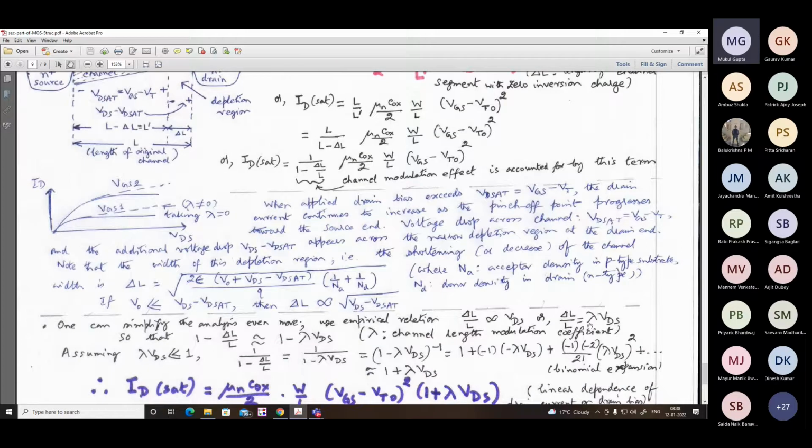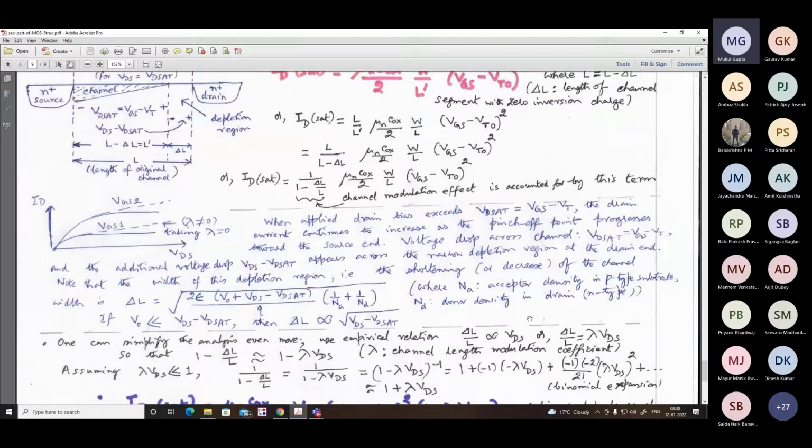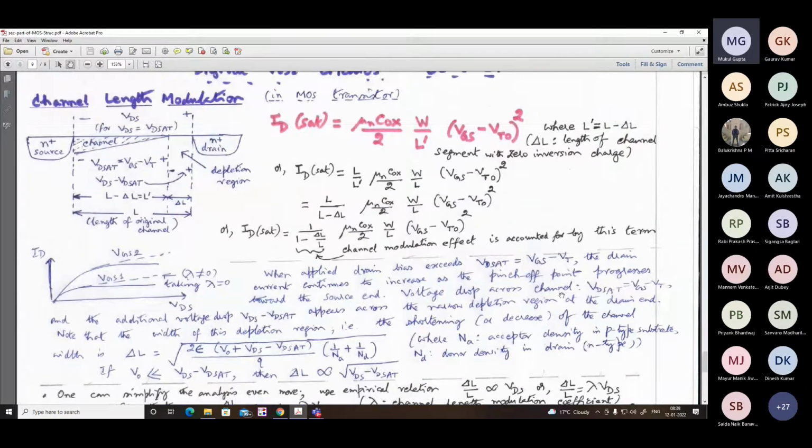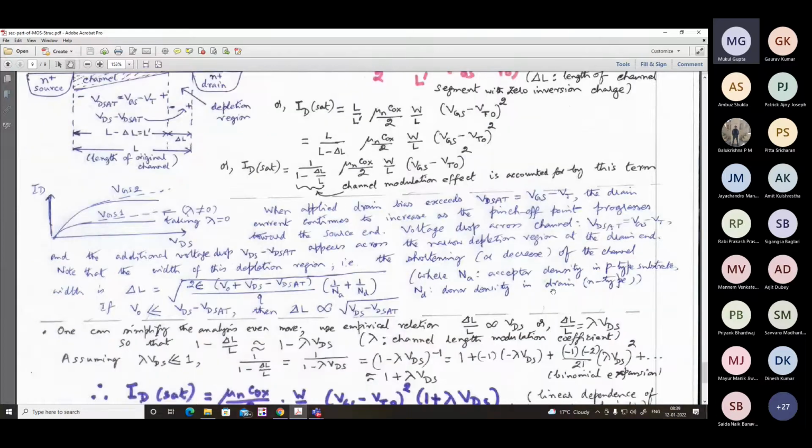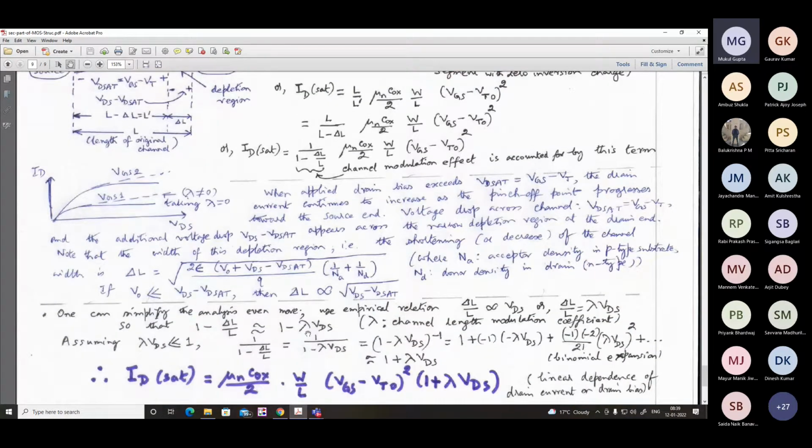Then we can write delta L by L is equal to lambda, the proportionality constant. Lambda is called the channel length modulation coefficient. Normally, lambda has a value of a few tens of volts inverse, say 0.1 volt inverse.